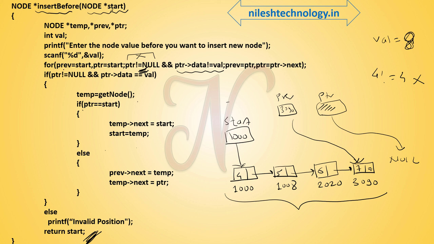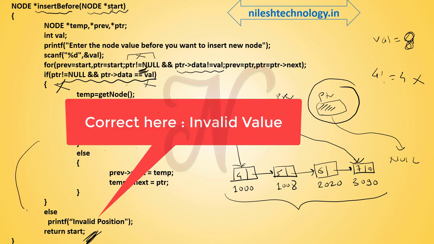Okay, so here we check the two conditions. ptr is not equal to null. Here we break this first condition because here ptr is null. Okay, and here data is equal to value. So this is also a false condition because ptr doesn't have any node, so the data is not matching the value. So that's why it is directly going to else and prints the invalid position.